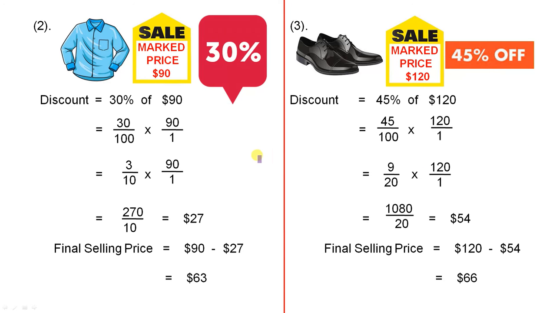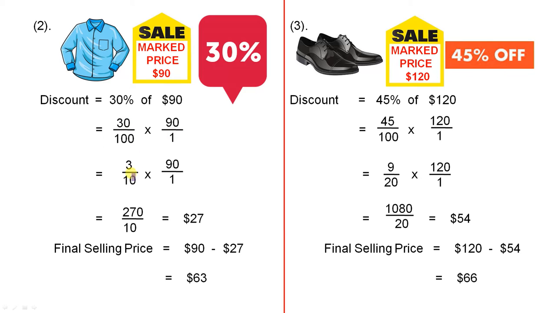Let's look at this one. So we have a jacket. The marked price is $90 and the discount is 30%. Okay? 30%. So that little arrow means 30% down. 30% discount. So let's look at the discount. 30% of $90, 30 over 100 times 90 over 1.